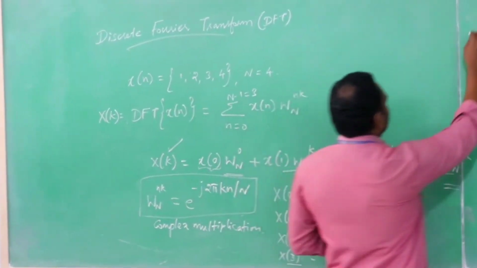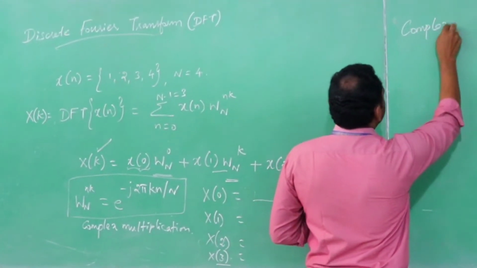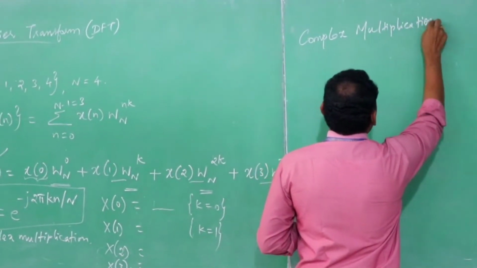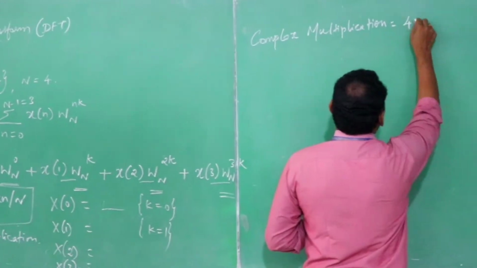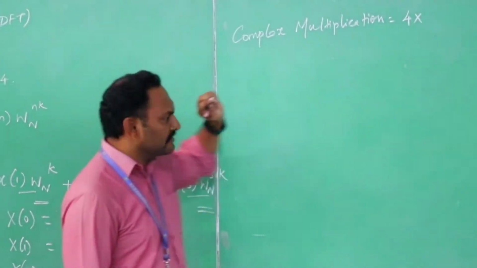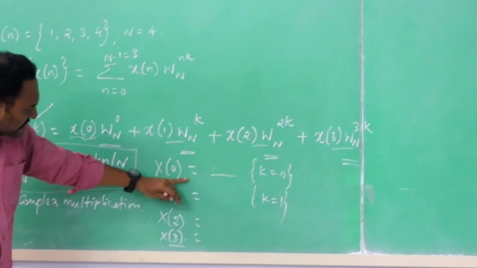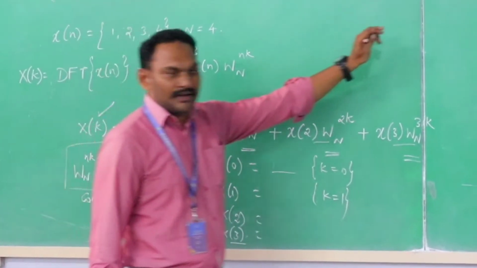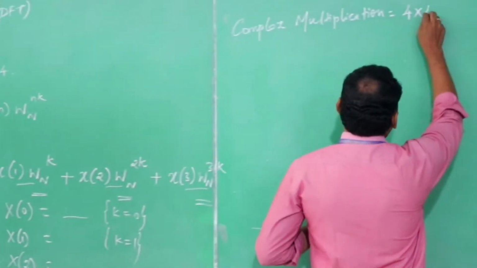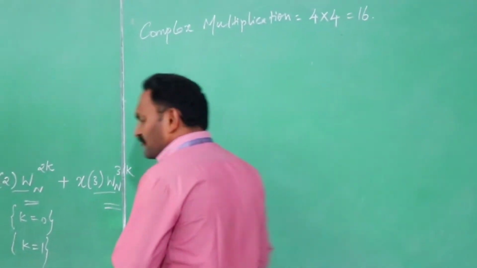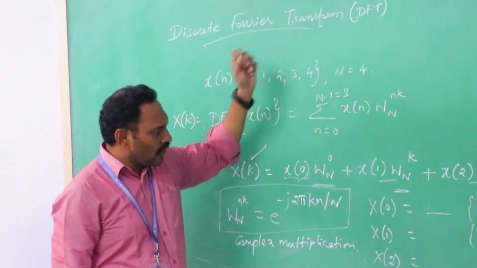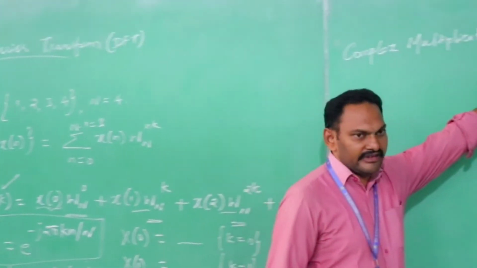Therefore the complex multiplication required is 4 for each output, and up to X of 3 we have 4 into 4, which is equal to 16. So for solving a 4-point computation using DFT, the complex multiplication required is 16.